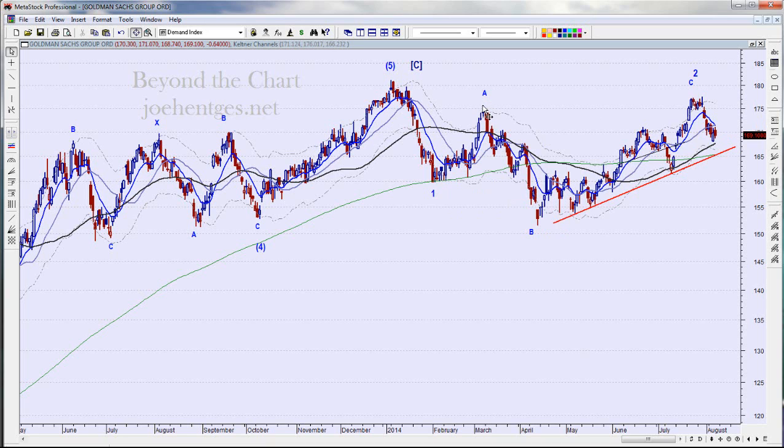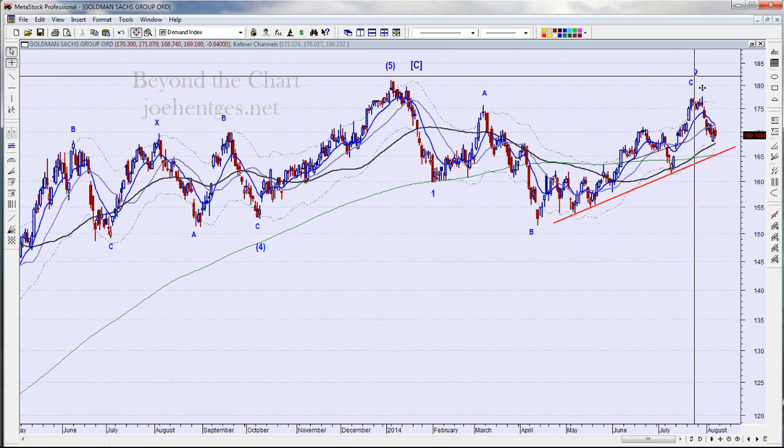Because this was 3, we've got an expanded flat going on here, and the reason is that B went beyond the start of A, and now it's pulled back above the beginning of A slightly. So this is an expanded flat for a wave 2.